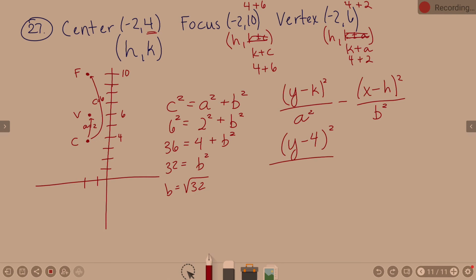Y minus 4 squared over a squared, 4, minus x minus h, that's going to be x plus 2 squared over b squared, so that's going to be 32, equals 1. Notice a was smaller than b on this one, wasn't it? And that's okay because it's a hyperbola.